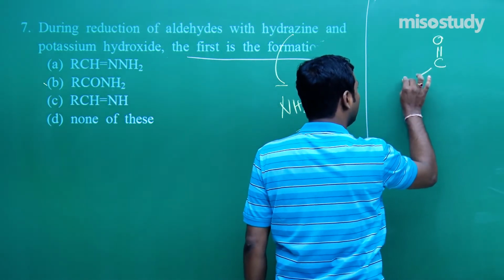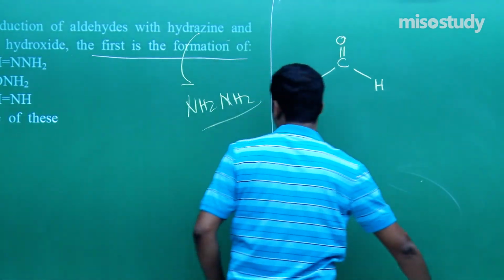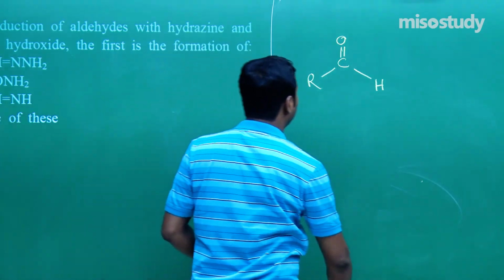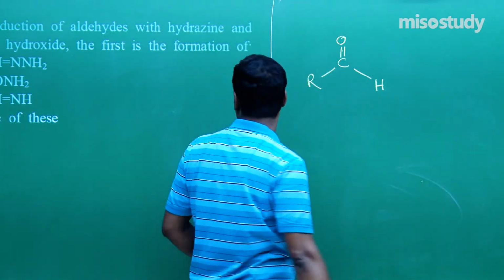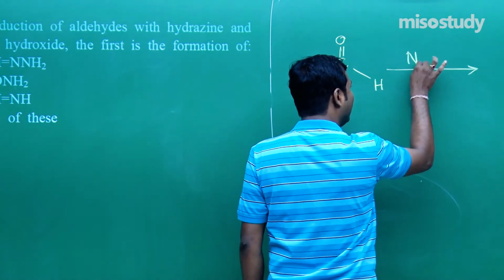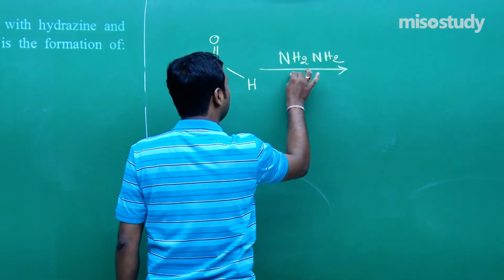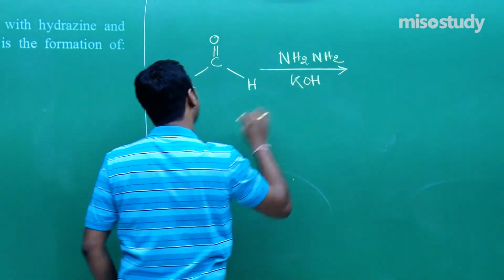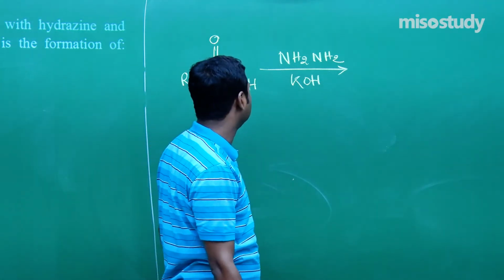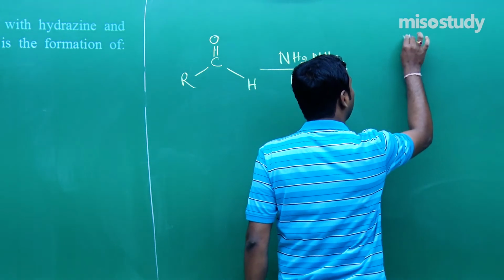This one is R and this one is H. This one is aldehyde. Now, on treatment with hydrazine, NH2 NH2, in presence of KOH, what will happen?